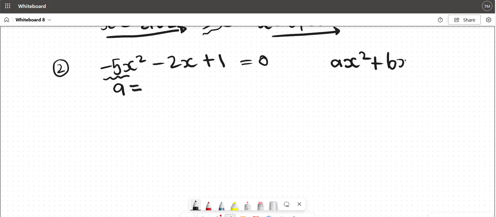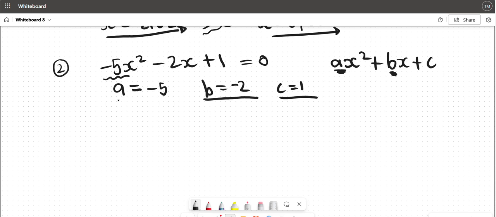Whatever is multiplying the x squared is the a. Whatever is multiplying the x is the b. And whatever is standing by itself as a constant there is the c. So my a, my b, and my c are all there.